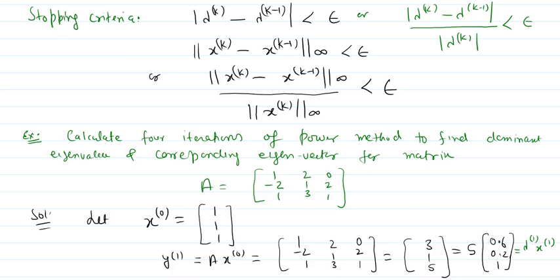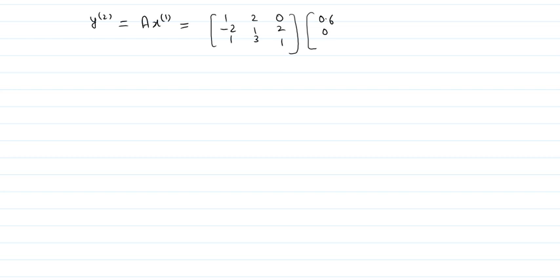Again we multiply, so we get the second answer y2, that is A x1. So matrix A, again I'm writing it, 1 minus 2 1, 2 1 3, 0 2 1, times x1, which is 0.6, 0.2 and 1.